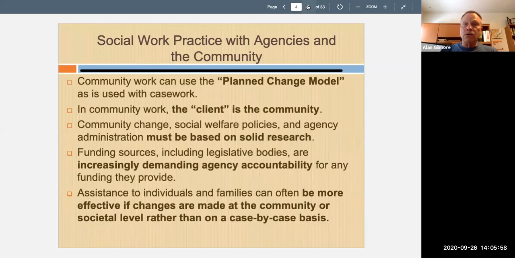And I might say you're also looking for informal community leaders. And informal community leaders are different in different communities. It might be a local business owner. It could be the mom who spearheads the PTA at school.